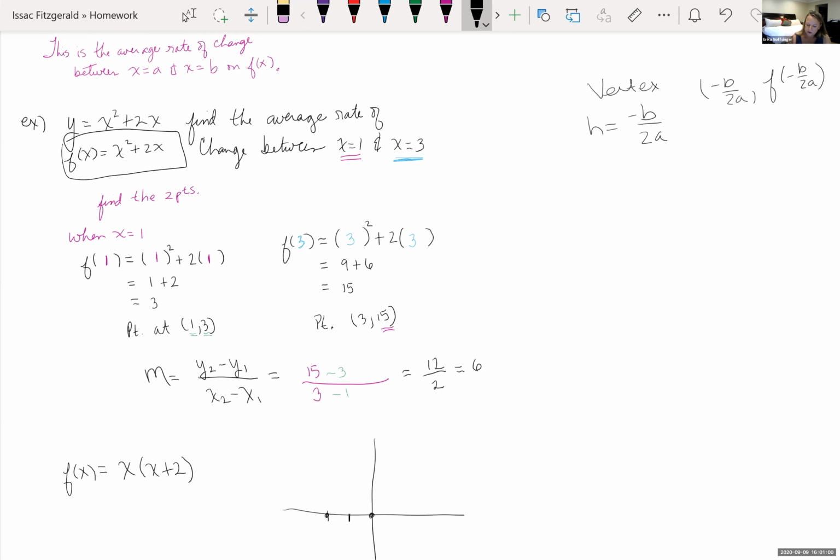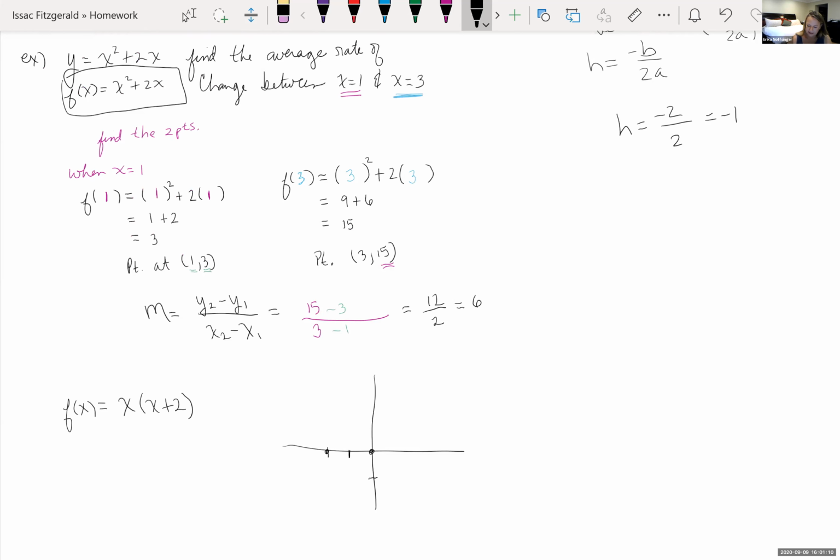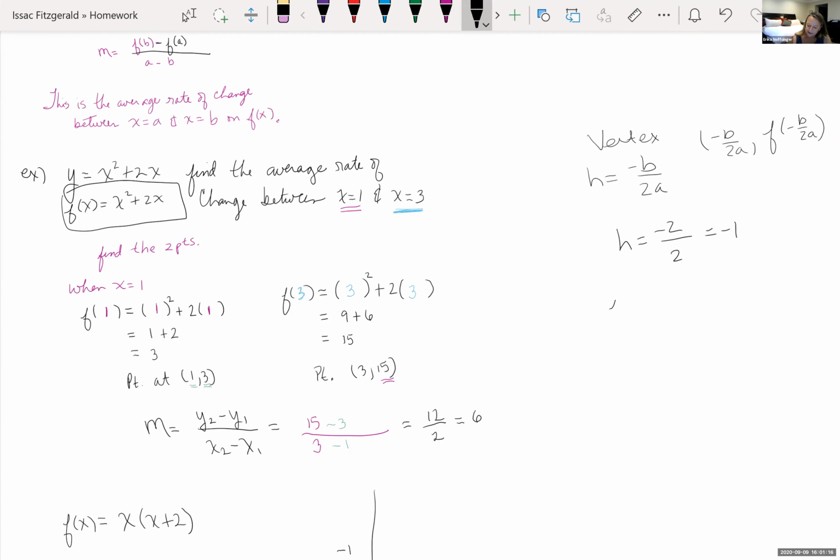So h would be -2 all over 2 times 1, which is 2. So my h value is -1. And my guess is that's when x is -1. So if I look at f of -1, I can figure out where my y value is there.